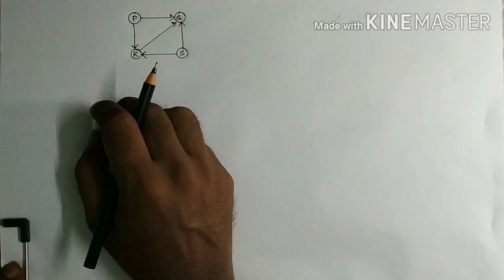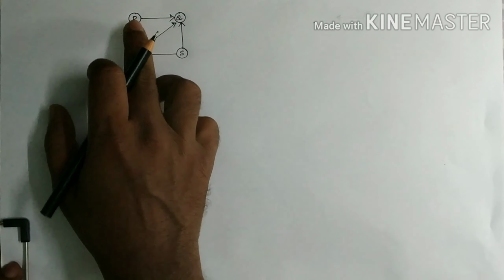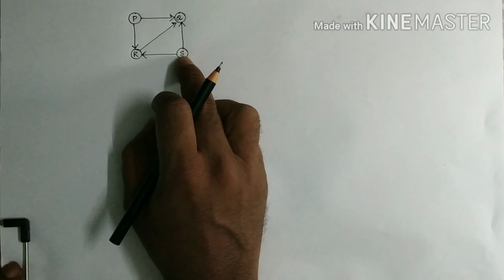Let's take another example. Here both P and S have in-degree 0.